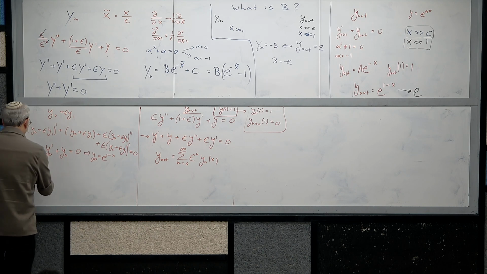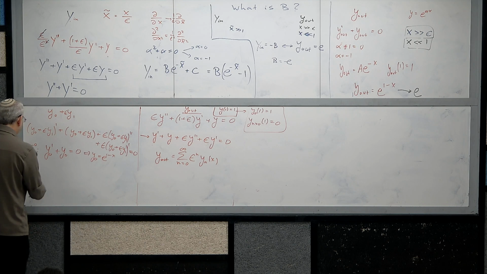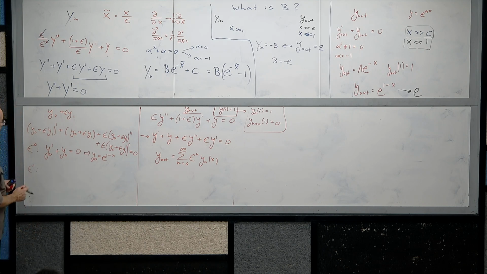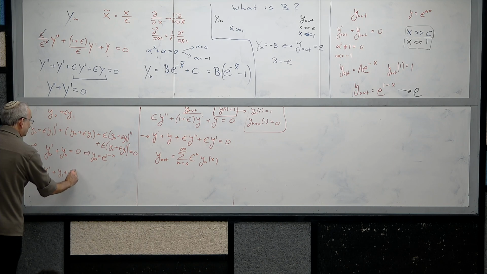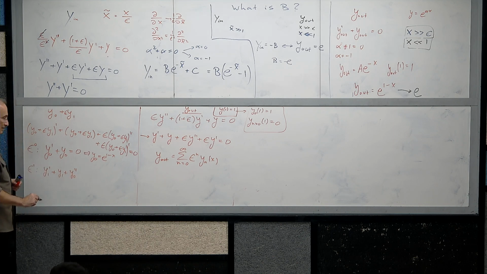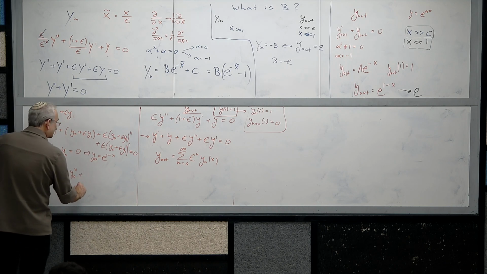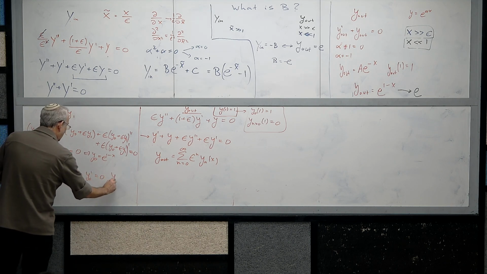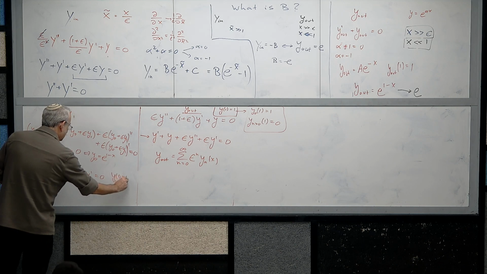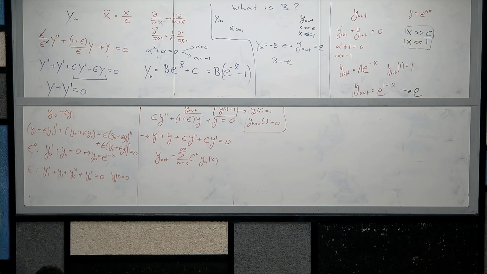Now, what happens to first order in epsilon? y1 prime plus y1 plus y naught prime plus y naught double prime, plus y naught prime, equals 0, with y1 of 1 equal to 0.